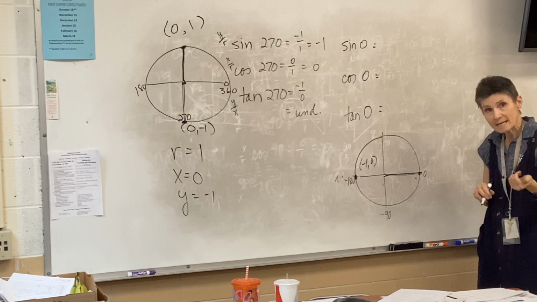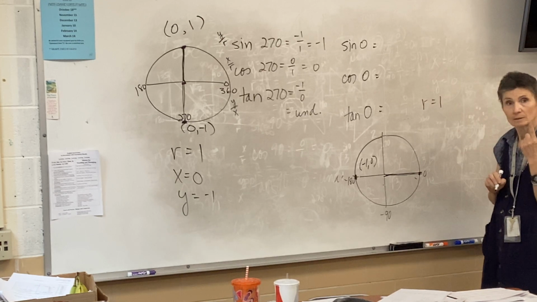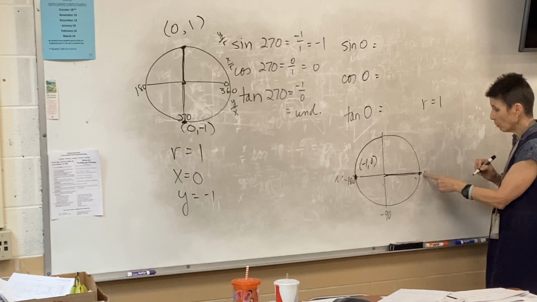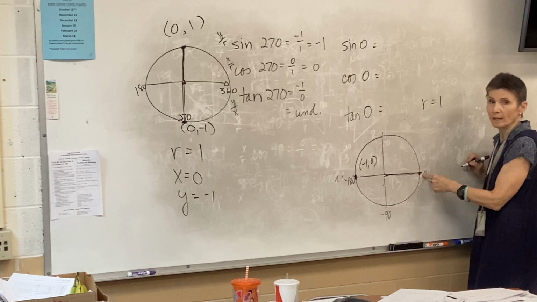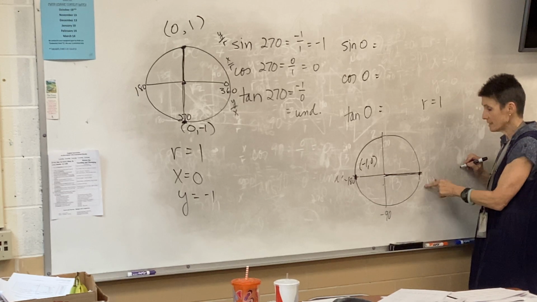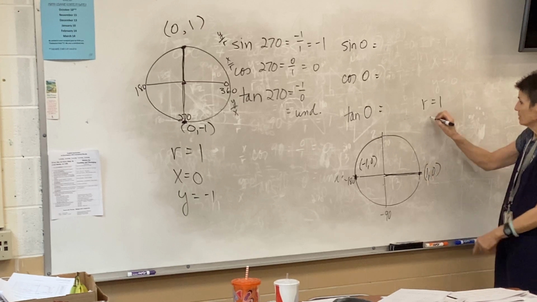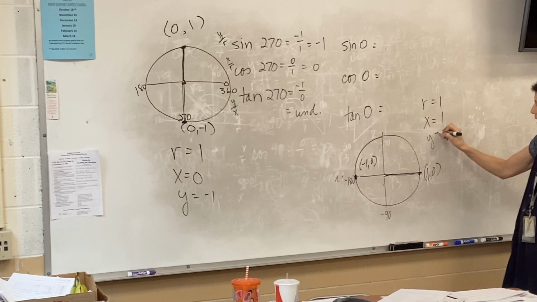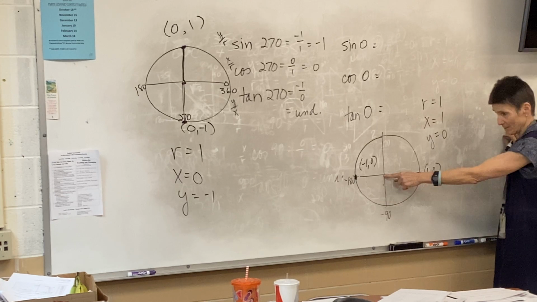So if the radius is 1, what will that point be? You're starting at the origin and going over 1. So what is this point right here? (1, 0). So x is 1, y is 0, if that's the order.